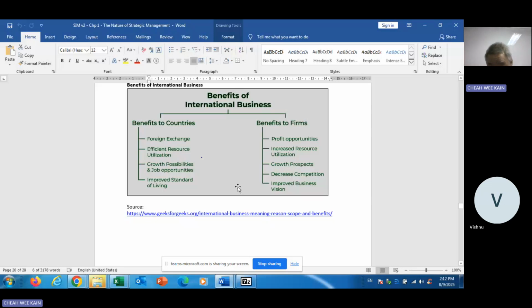Next, increased resource utilization. Sometimes we have one factory, and the Malaysian market is so small that we just run one shift, 8 to 5. But because we're selling overseas, there will be bigger demand. So our factory doesn't need to run only from 8 to 5.